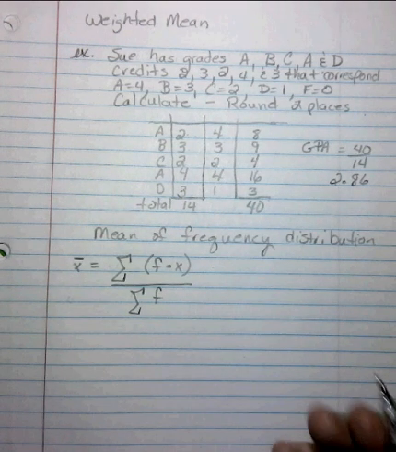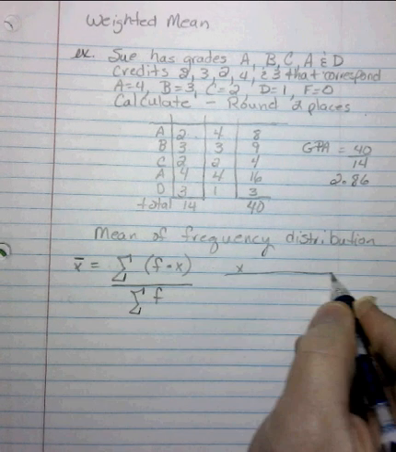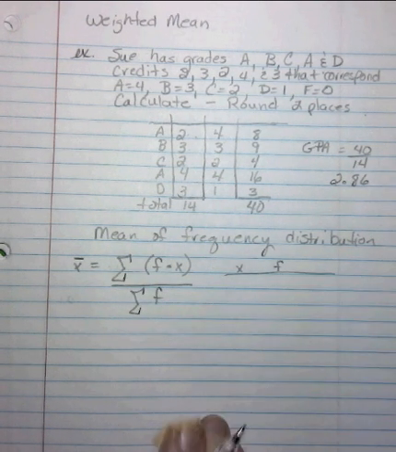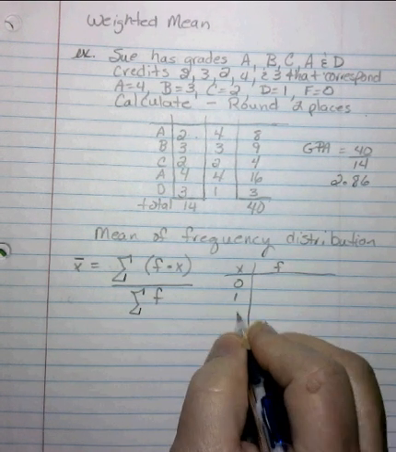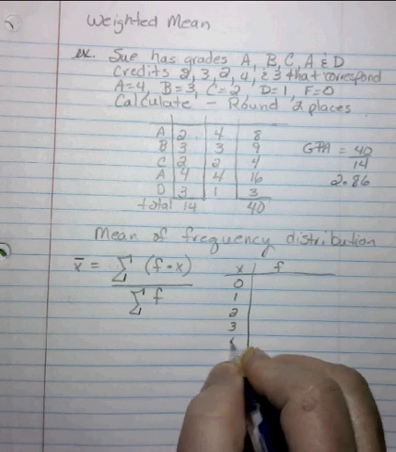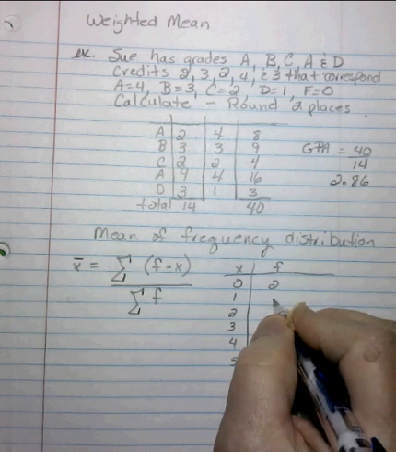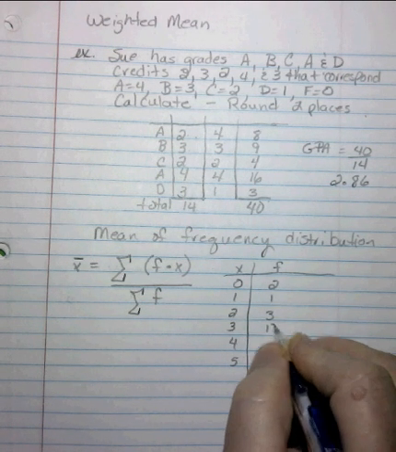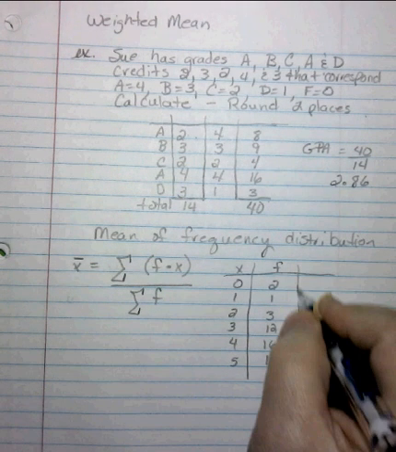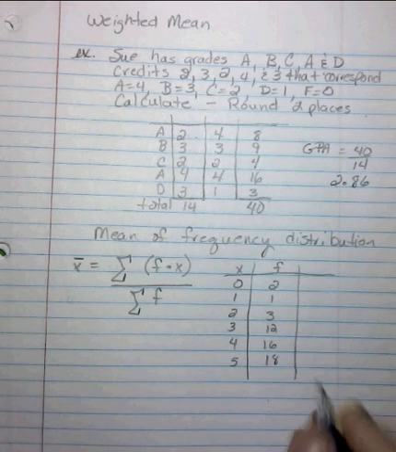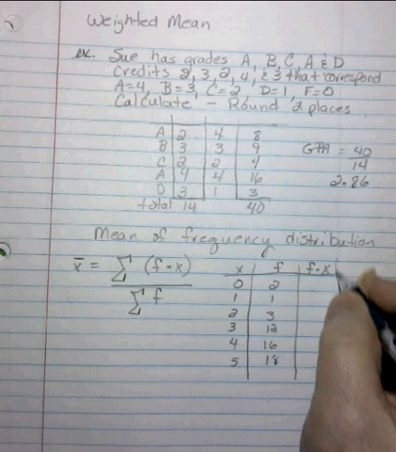So we have a table where we have the data, and then we have the frequency. So we have 0, 1, 2, 3, 4, and 5. The frequencies are 2, 1, 3, 12, 16, and 18. And then we need to add a column where we do the frequency times the data item.